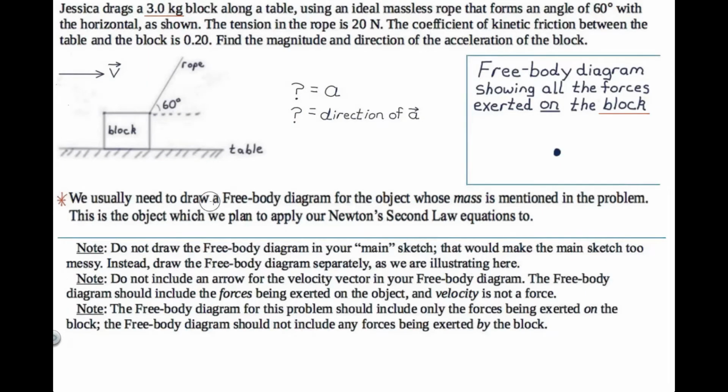We usually need to draw a free body diagram for the object whose mass is mentioned in the problem. This problem mentions the mass of the block. So, we will draw a free body diagram showing all the forces being exerted on the block. Later, we will apply our Newton's second law equations to the block.